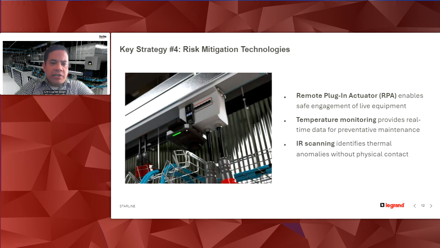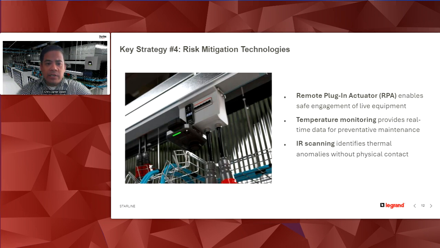And then key strategy 4, I'll talk about the first 2 bullets and then hand it over to Brian. You guys saw a commercial earlier for the remote plug-in actuator. It's the image on the left, and really this key strategy is about risk mitigation technologies, and the RPA fits really nicely into that.